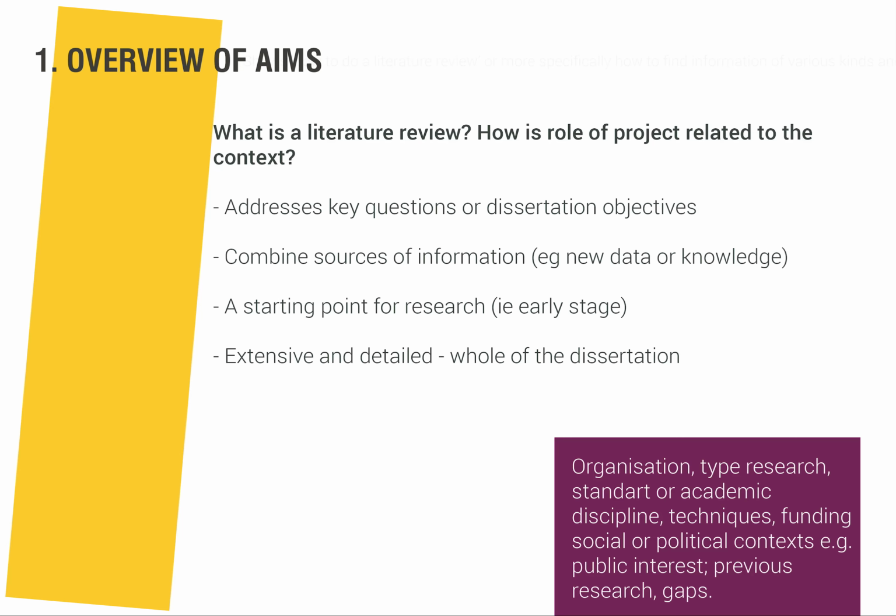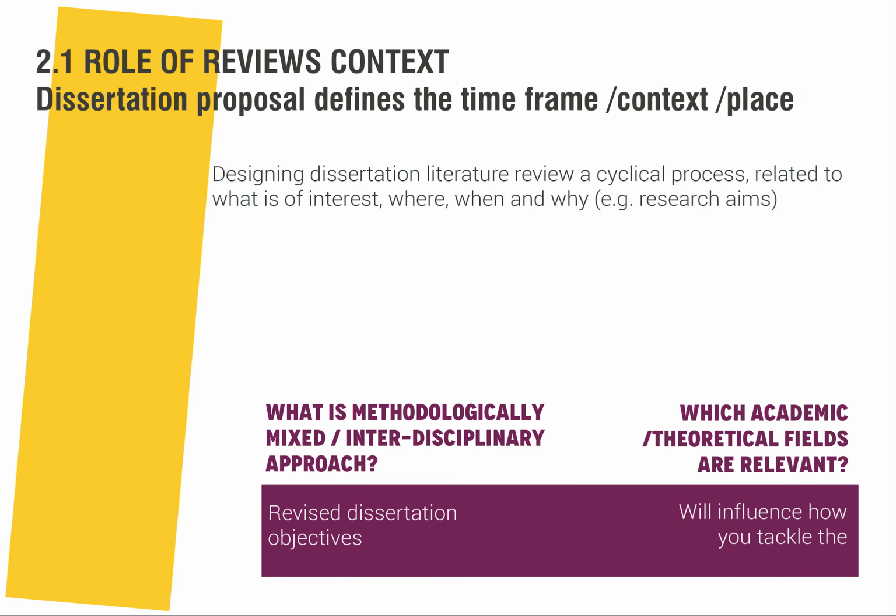At the risk of being repetitious, to just recap what was said previously, designing a literature review can be a process that focuses more and more clearly on what is of interest. This can be a topic that has a place, a time, and a context of some kind.